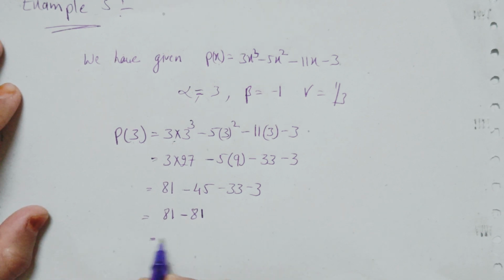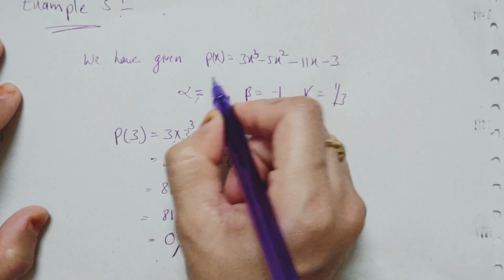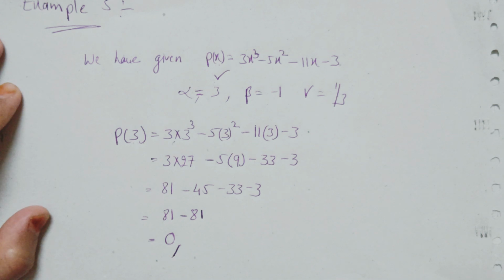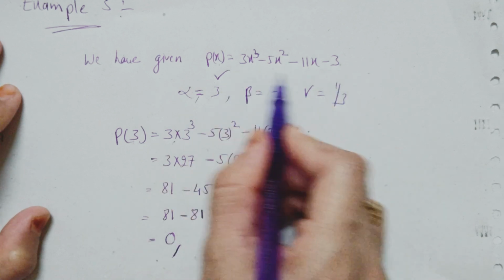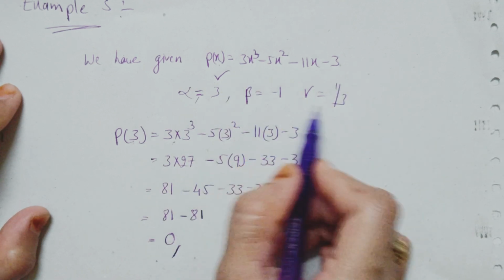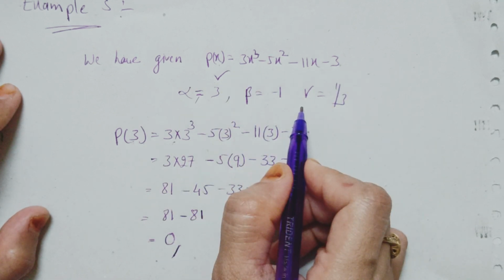So 81 minus 81 is 0. So the first zero is proved. Why? Because we have got 0 as the answer. That's why 3 is a zero of this cubic polynomial. In this way we have to check the remaining two zeros also.